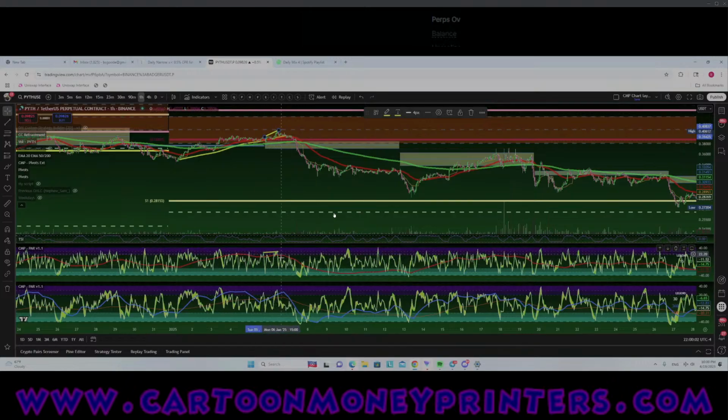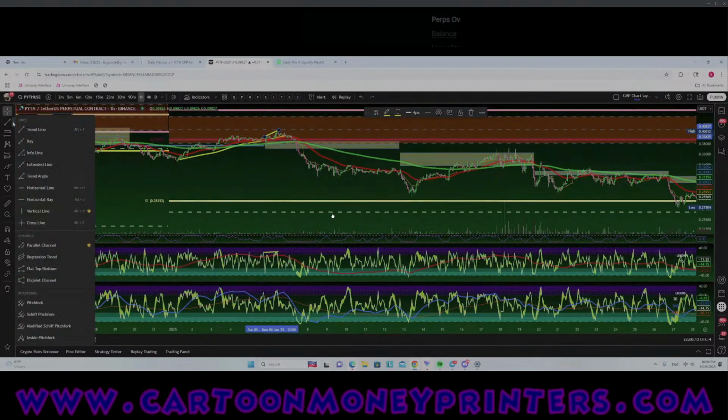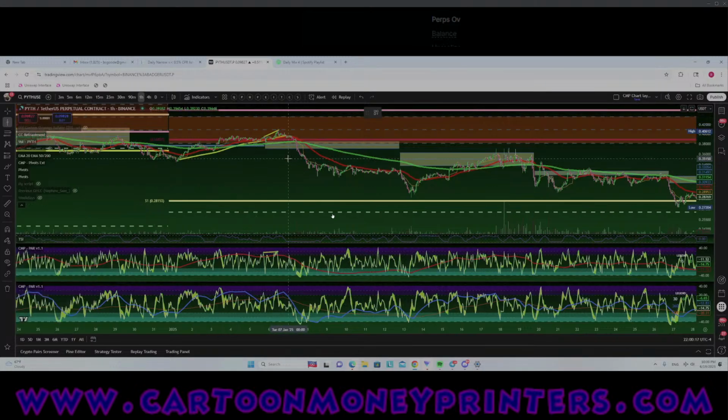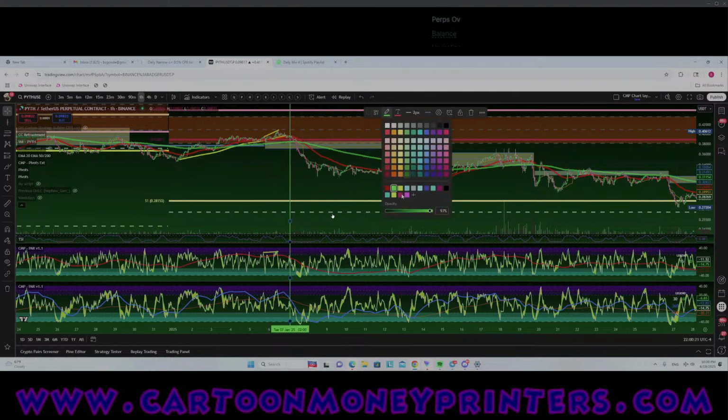Now that's not perfect, so if I'm only looking at this, I may have waited for this bear div right here, and that was right here. Let me draw a vertical. So that was right there, and red for short. Okay, which isn't bad at all.